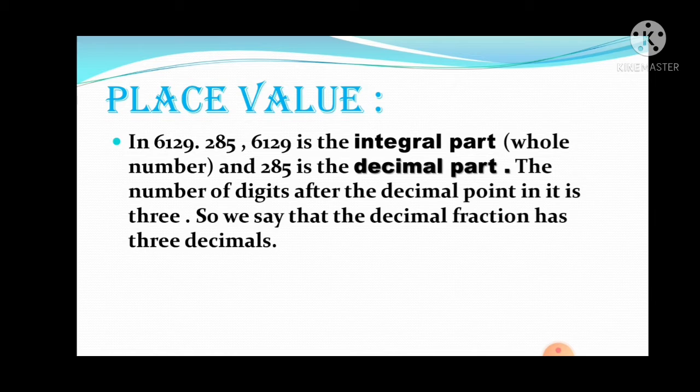Before the point, we call it the integer part. After the point, we call it the decimal part. The number of digits after the decimal point is 3: 2, 8 and 5. So we say that the decimal fraction has 3 decimals.